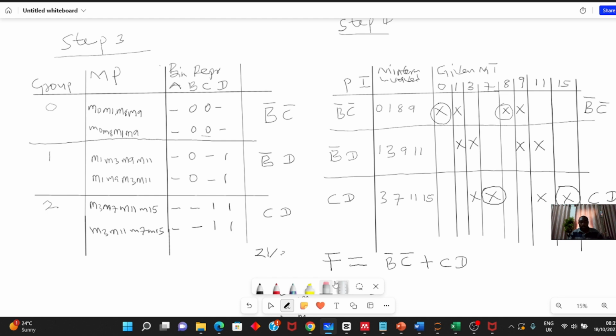So these forms are simplified expressions which can be verified using KMAP.